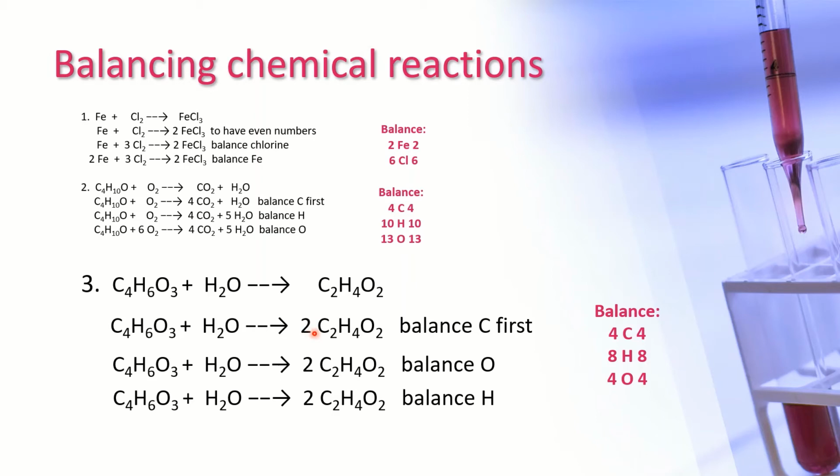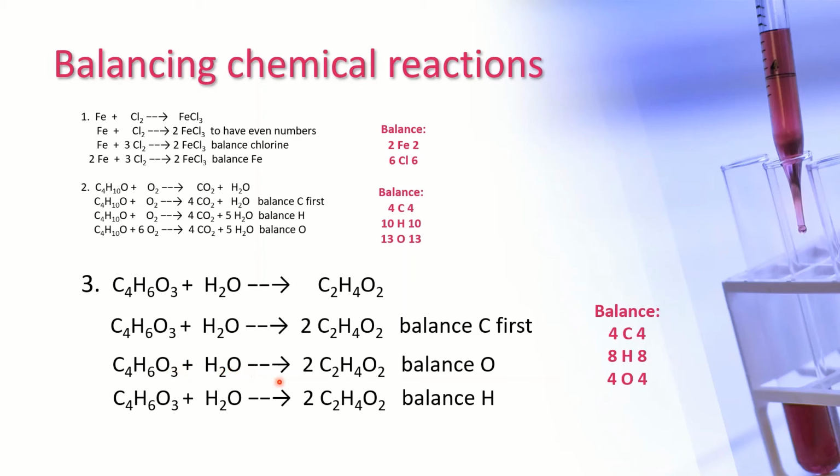Next, you balance the number of oxygen also. But then, you already added coefficient 2 here, so the number of oxygen is already 4. So you have to make it 4 here, and at the left, 3 plus 1 is already 4.